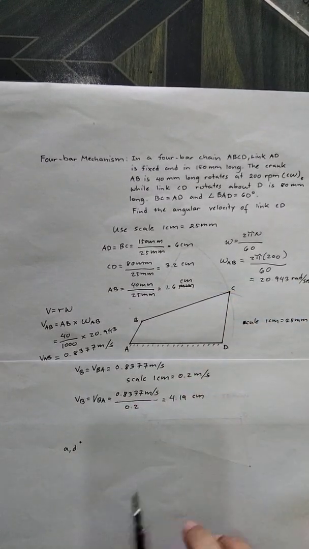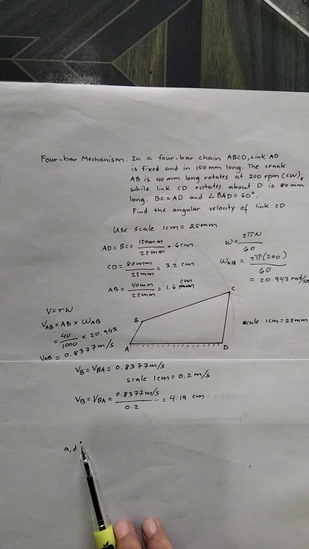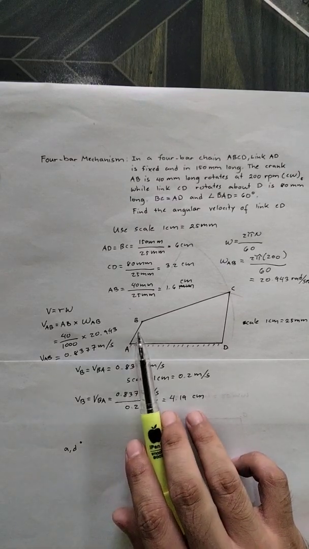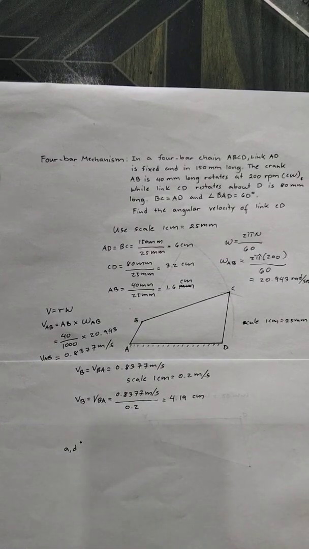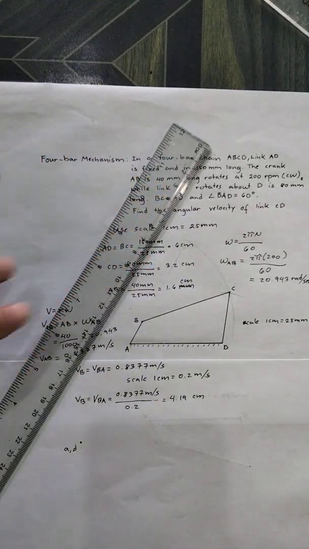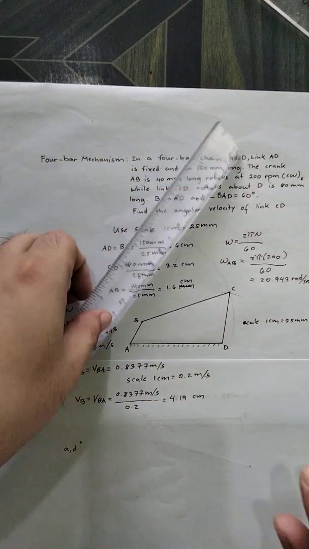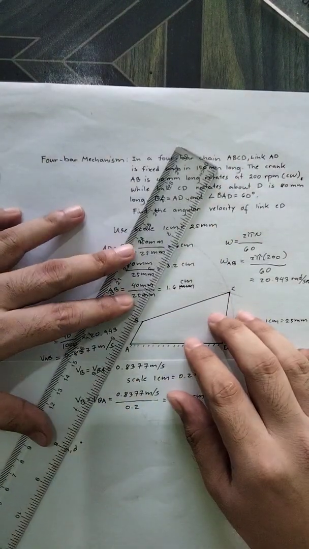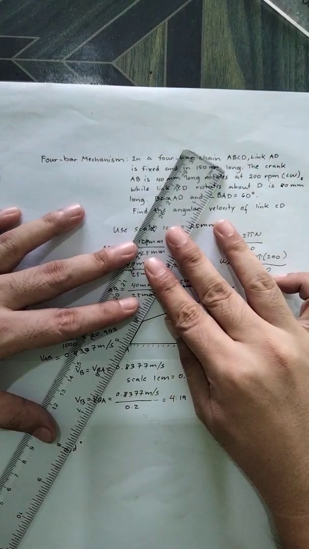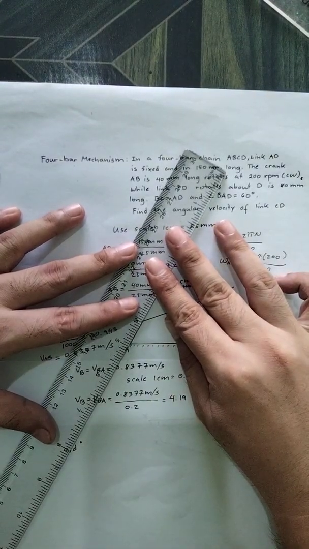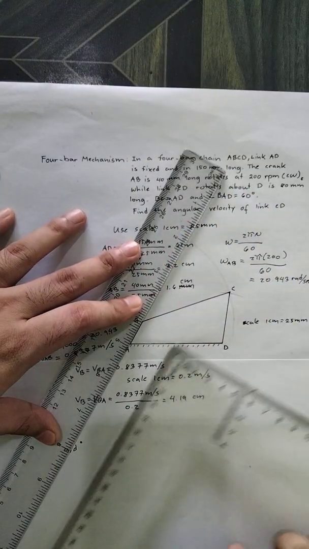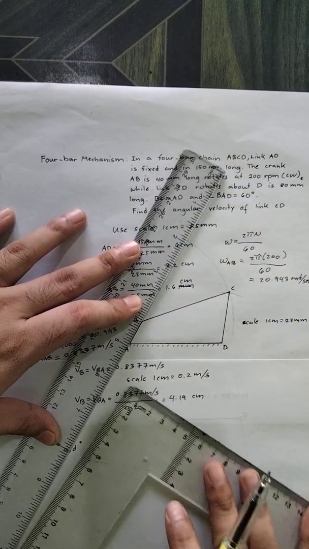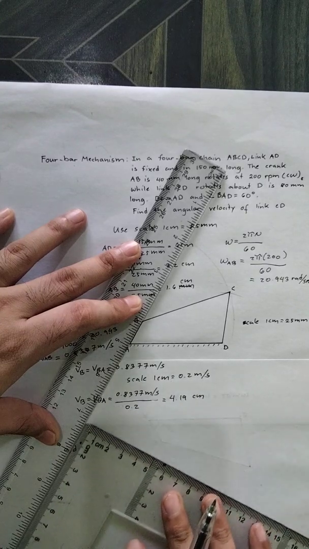So we just need to create a perpendicular line for this link from this point here. You just need to use your ruler. If it is the line of action of this link here, use this triangle. Just move and locate that point.